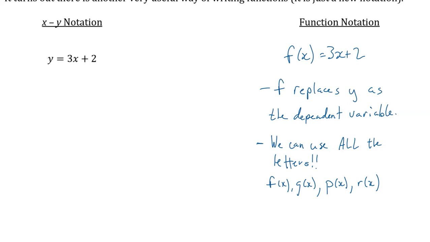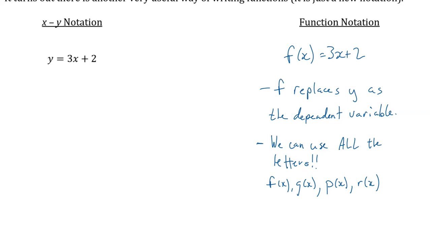Why is that important? Well, if I'm talking about more than one relation or more than one function, and I call them all y, how can I tell you which one I'm talking about? I would just have to point at the second one. But if I'm talking about 3 different functions, and I call them f, g, and h, then I can just say h, and you'll know which one I'm talking about.